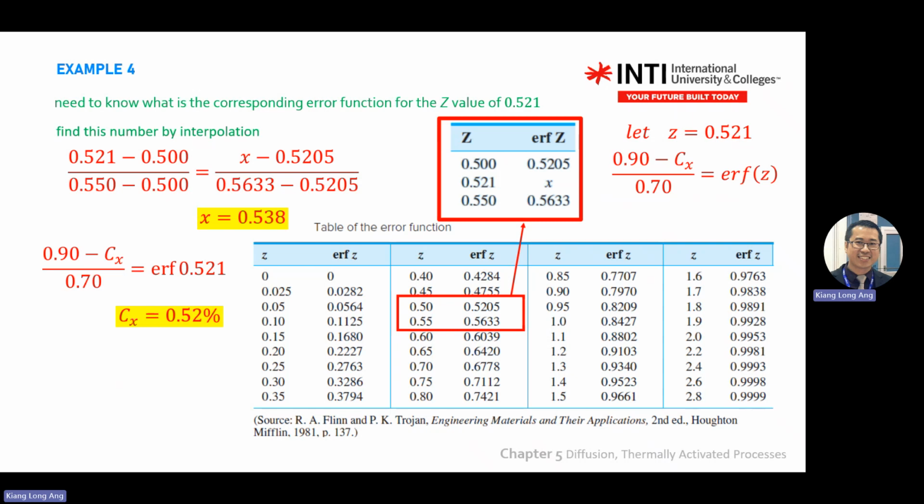Because the value is substituted, maybe use 2 or 3 decimals. Do you understand that? It is important you understand why cross multiply.